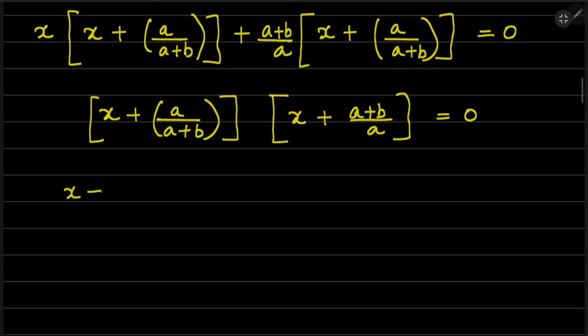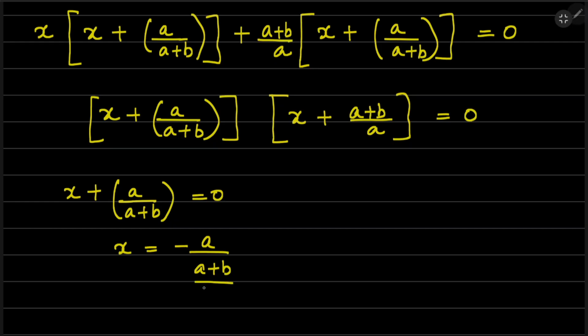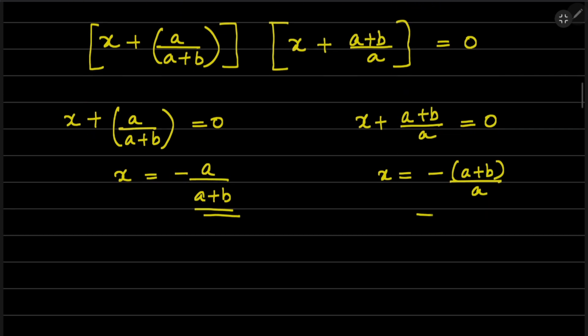So either x plus a by a plus b equal to 0, which means x is equal to minus a by a plus b. This is one of the roots. The other root: x plus a plus b by a is equal to 0, which will lead to x equal to minus of a plus b by a. So these are the two roots of the given quadratic equation.